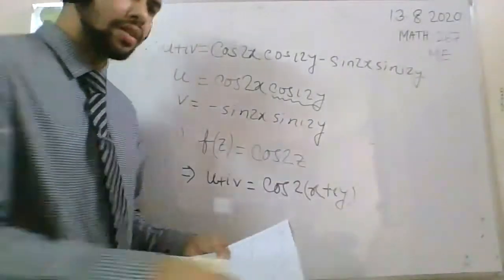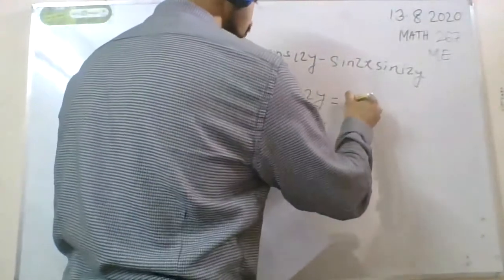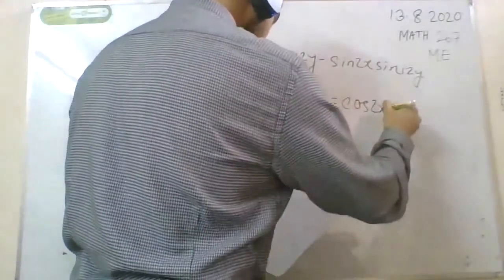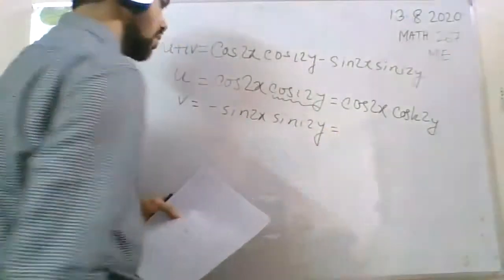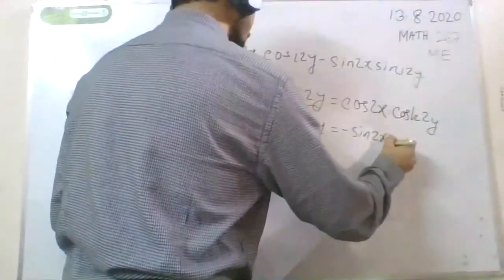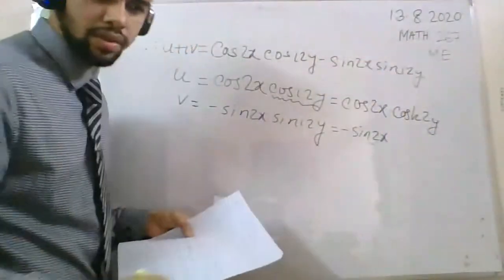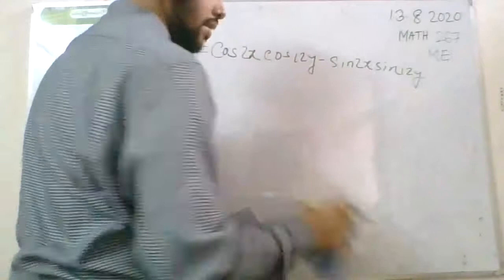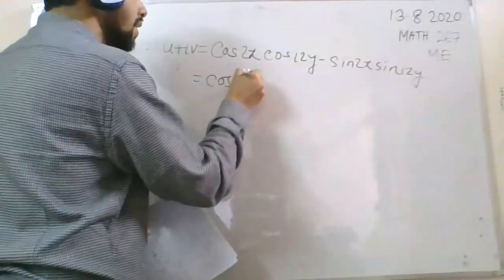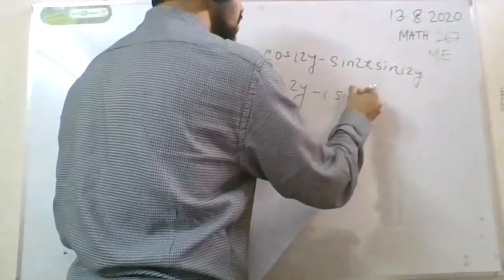Okay, so the formula of this hyperbolic function, here you can write cos 2x into cosh 2y, and also here minus sin 2x, এখানে যেটা আসতো আমি আরেকটু লিখে দিচ্ছি এই জায়গাতে। আচ্ছা, এটা এখানেই ডাইরেক্ট লিখে দিচ্ছি। You can write cos 2x cosh 2y. Here i sin 2x sinh 2y.